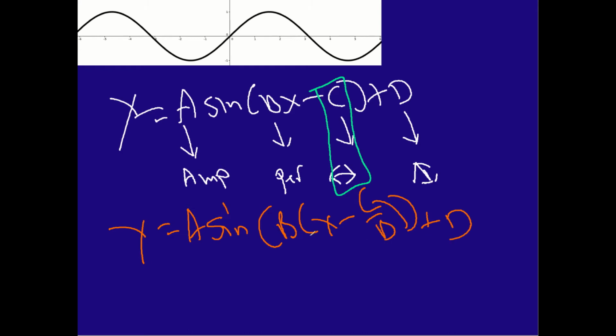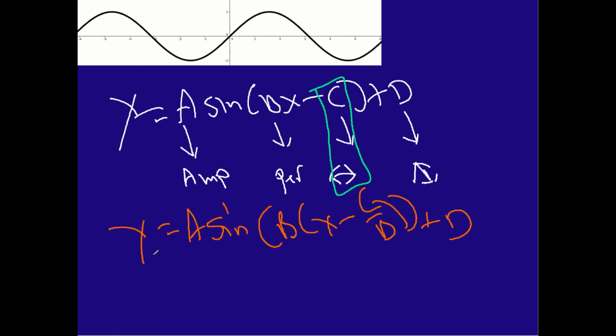If you distribute the b, you'll get bx, and then b times c over b gives you c, so you get the original equation. All you're doing is using one of the properties of algebra. There's really nothing radical going on here.